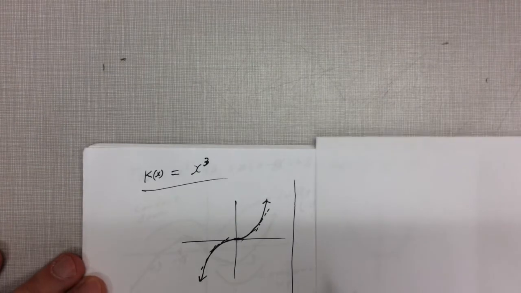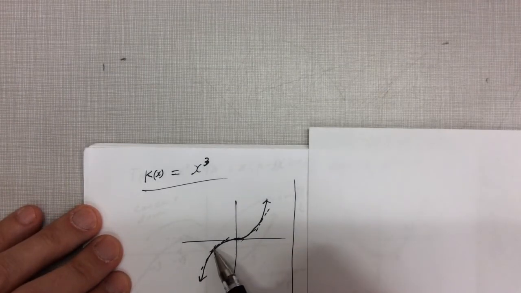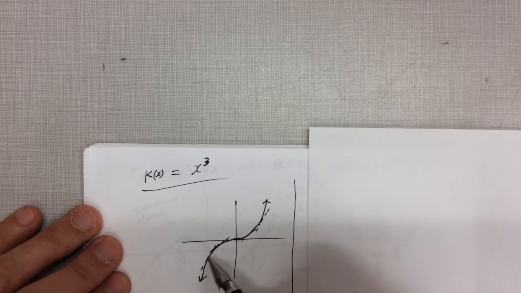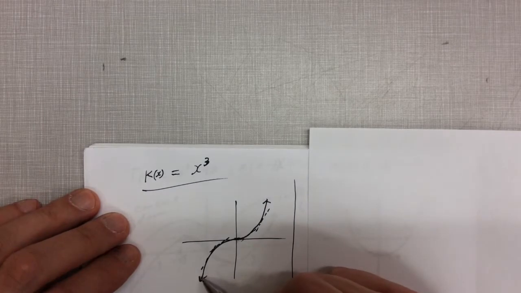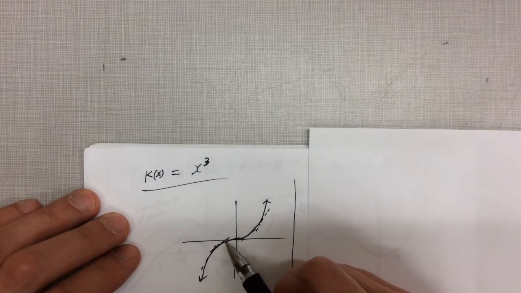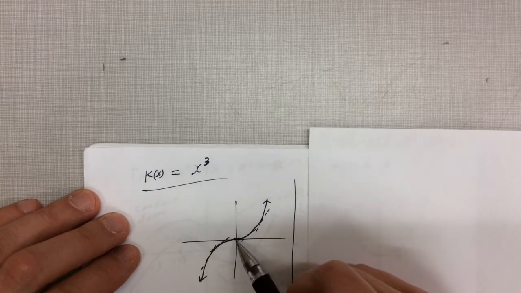So at x cubed, the slopes of the tangents here are positive, positive, 0, positive, positive. But the slopes of the tangents are decreasing here. Whenever a function is increasing, the y values keep getting bigger as x gets bigger. So as a function is increasing, the slopes of tangents are positive.